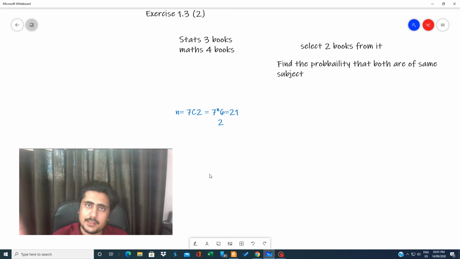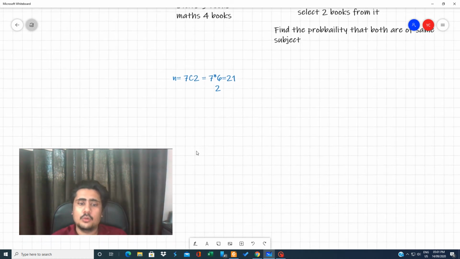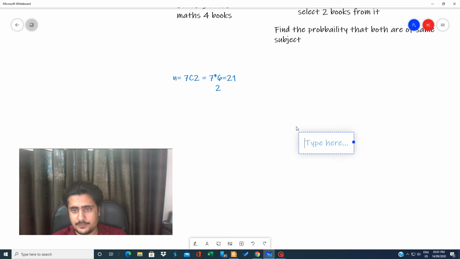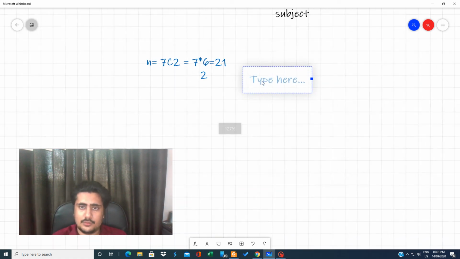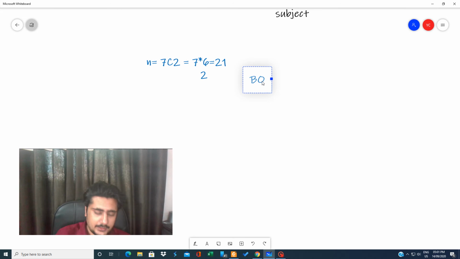See, listen and understand the question carefully. They have not told you that both should be of stats or both should be of maths. They told you that both should be of the same subject. That means there are two possibilities to this question. What are the two possibilities?